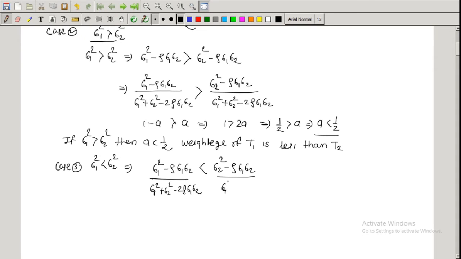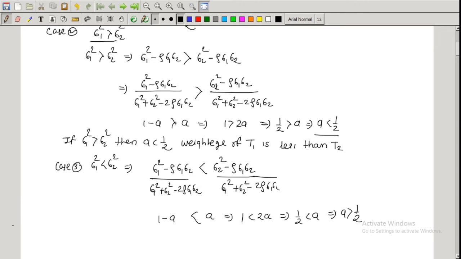After dividing, the left side is your 1 minus A, which is less than A. If I take A to this side, this implies 1 is less than twice A, so 1 by 2 is less than A, so A is greater than 1 by 2.